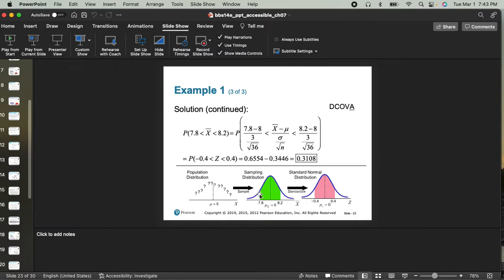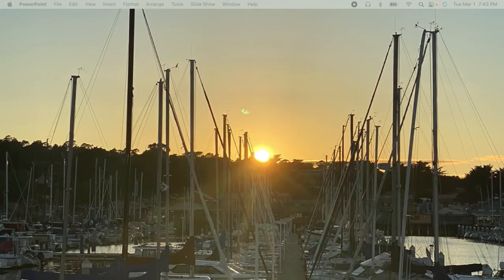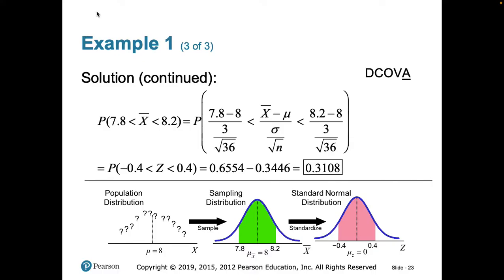So we need to subtract that. When we find it, we use the Z table to find where negative 0.4 was. Then we can subtract that, and that'll give us 0.3108. Okay, I really hope that makes sense. If it doesn't, make sure you reach out to me. Let me know if that doesn't make sense to you.